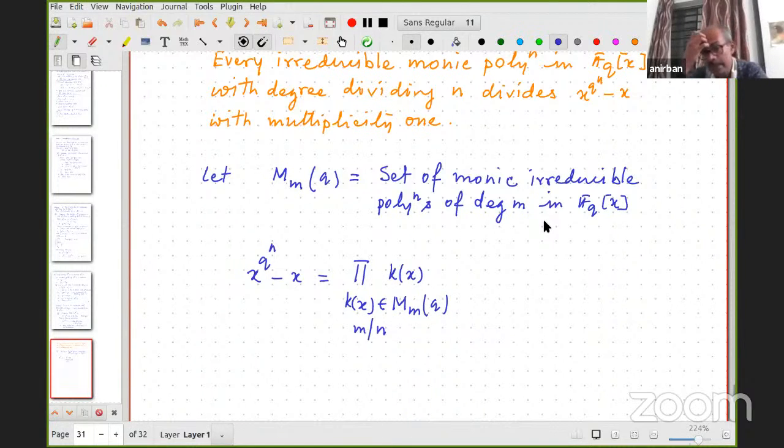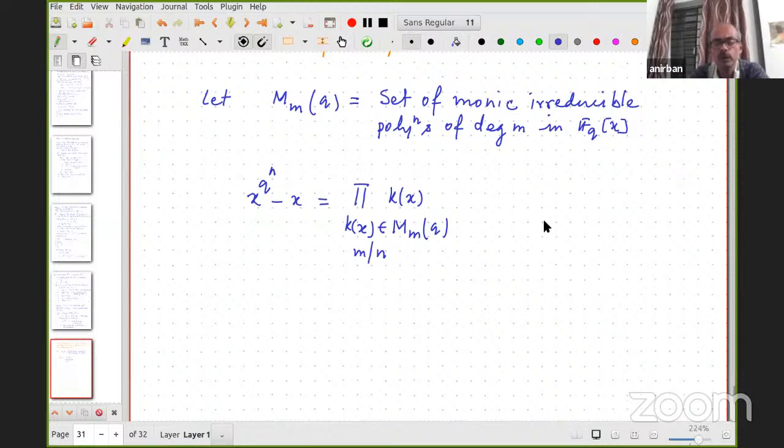And this actually gives us a way of counting irreducible polynomials.